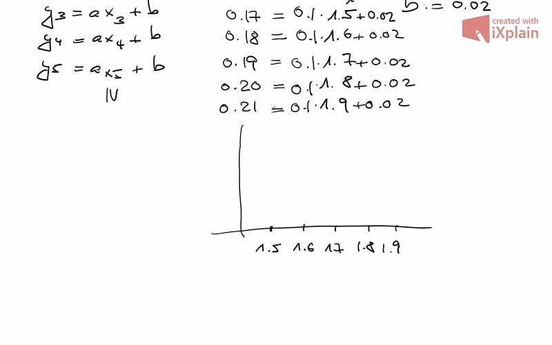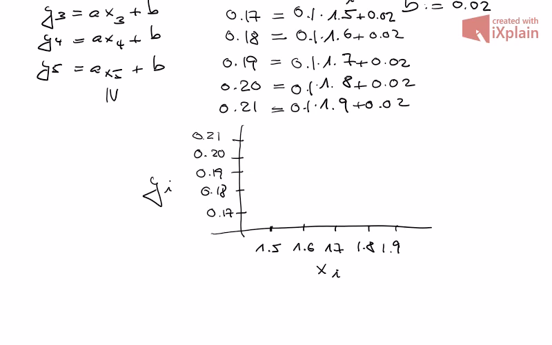And on the y-axis, it makes sense to start from 0.17, 0.18, 0.19, 0.20, and 0.21. And now these are our xi values. And these are our yi values.